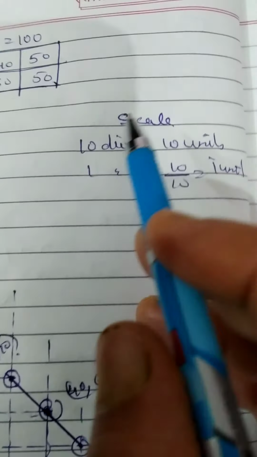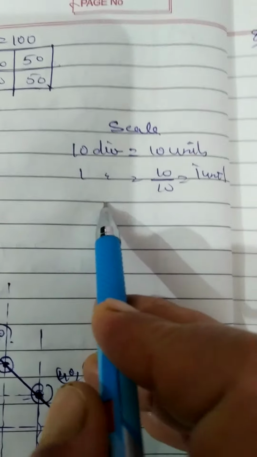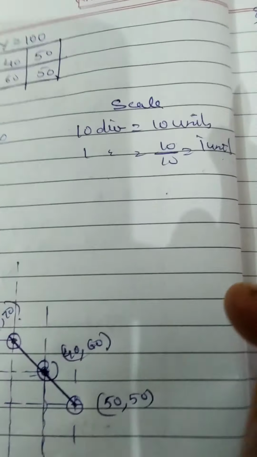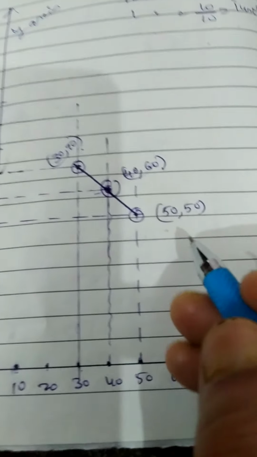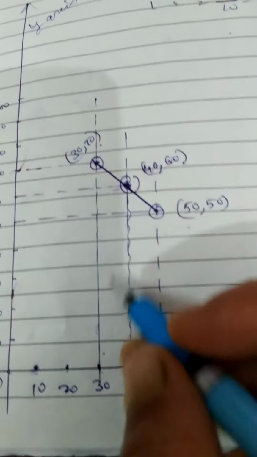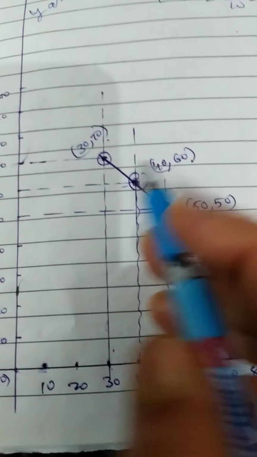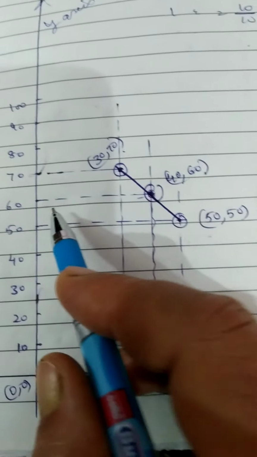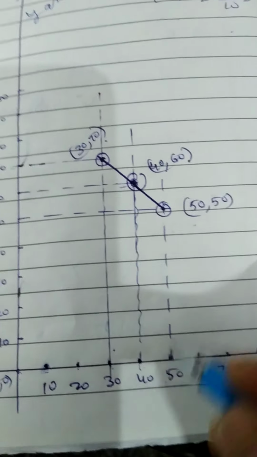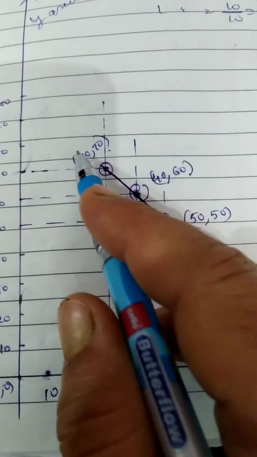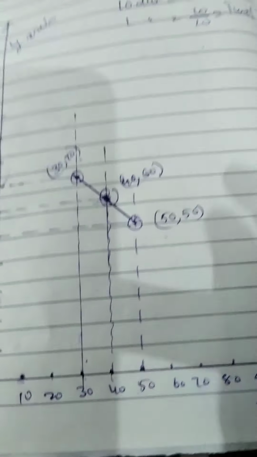So 1 division is equal to 10 by 10, which is 1 unit. Now we will draw the graph. (30, 70) is here. Then (40, 60) we get here. And (50, 50) we get here. Then we join these points to get a line.